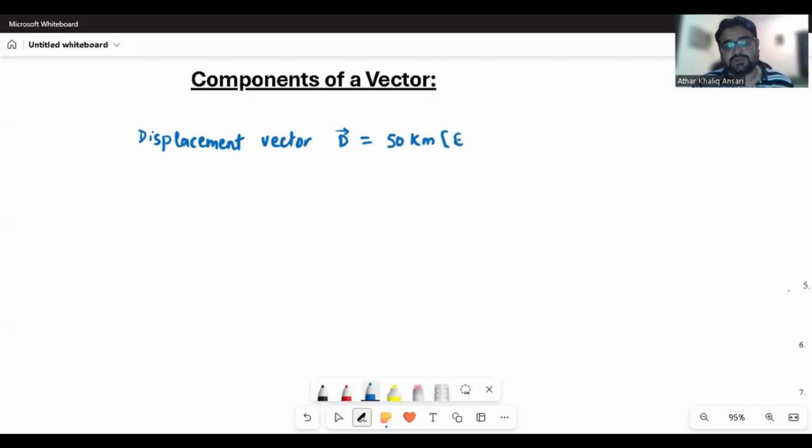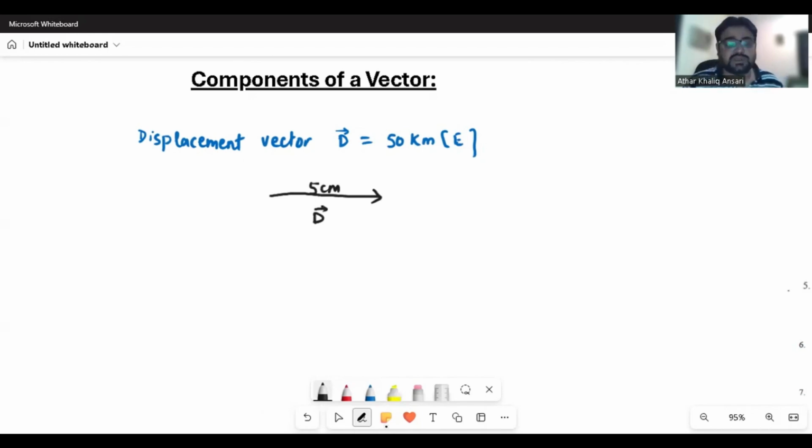So I will make a scale, and according to the scale, I will draw a line. For example, my chosen scale is 10 kilometer representing 1 centimeter. So I will draw a line to the east that will be 5 centimeter in length, and it would be represented by d.